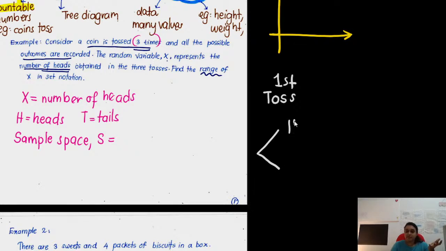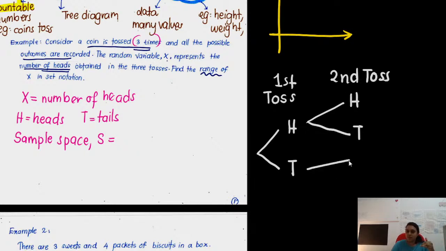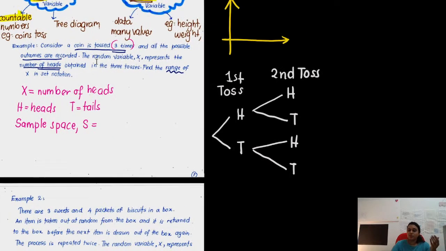We can have a head or we can have a tail. Second toss: here we can have a head or a tail, and for the bottom also, either a head or a tail.